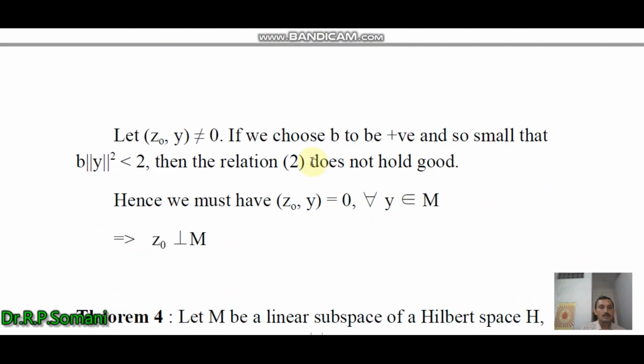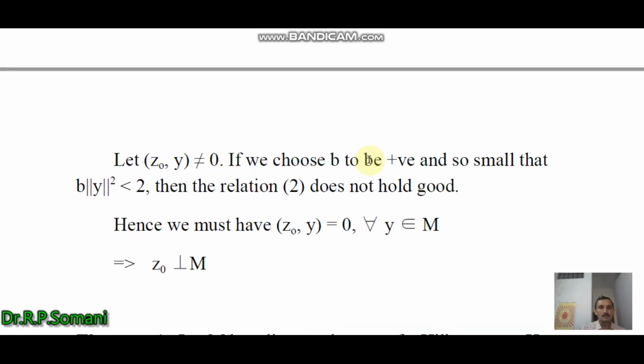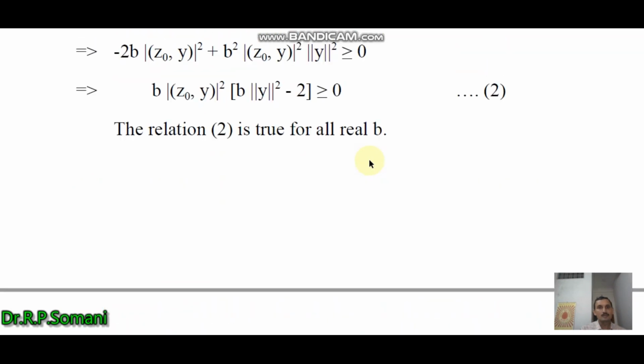So if possible, let the inner product z0 y be non-zero. If we choose b to be positive and so small that b times the norm y squared is less than 2, then relation 2 does not hold, because the sign of this term will become negative, but it has to remain non-negative.